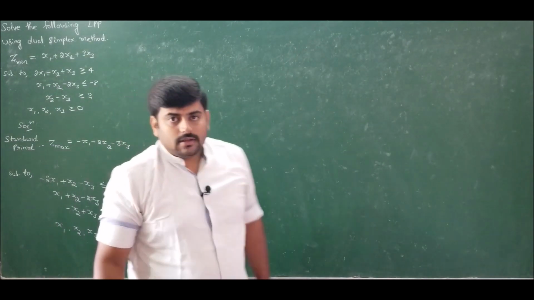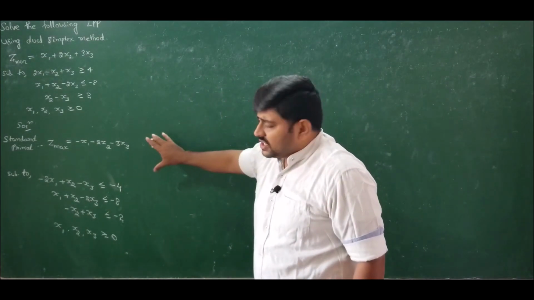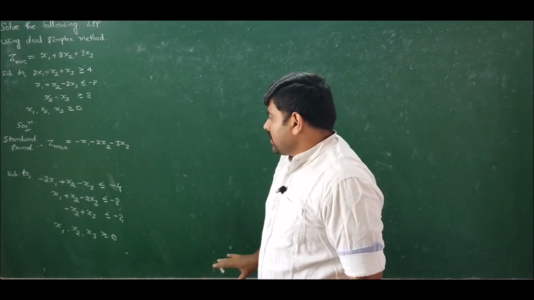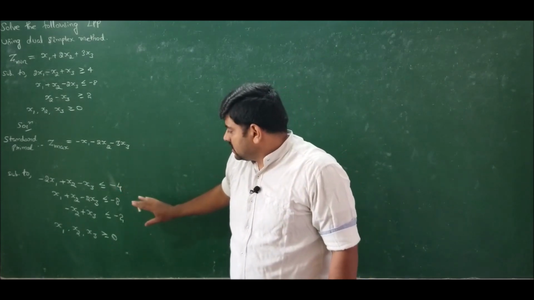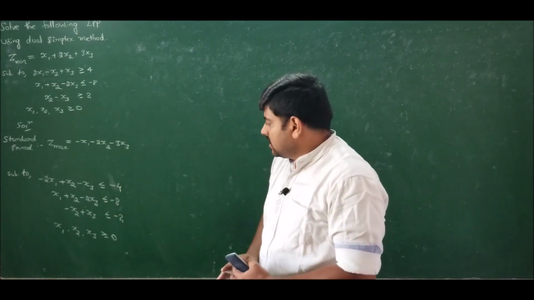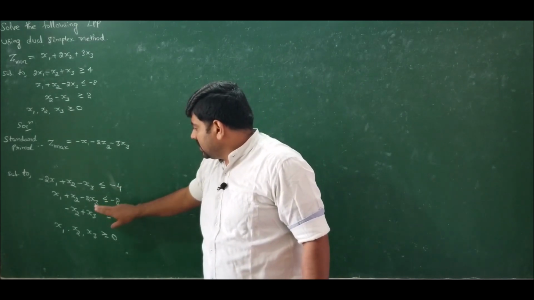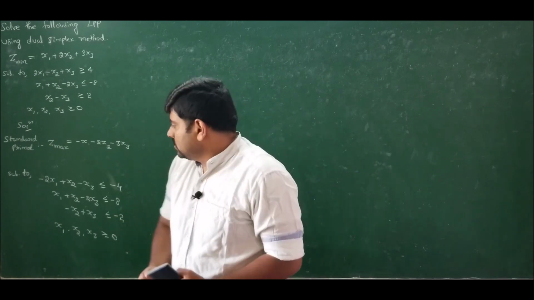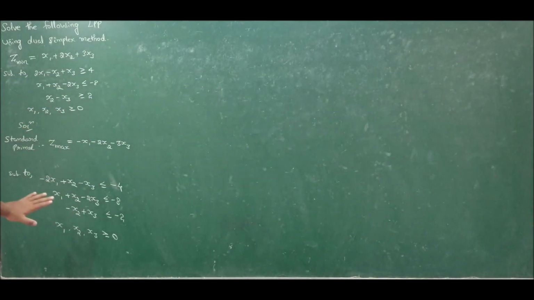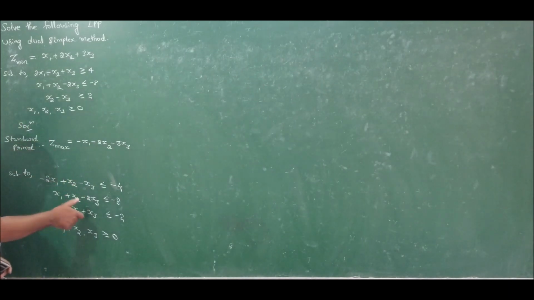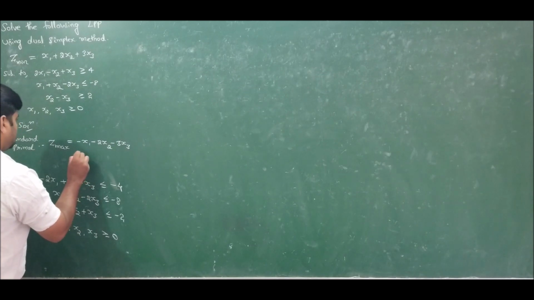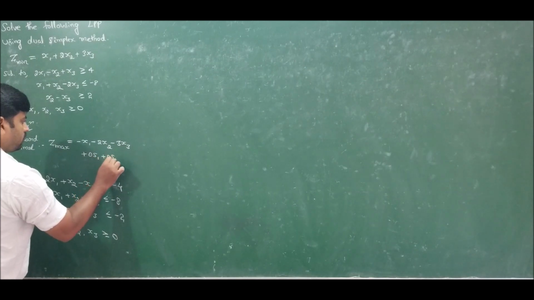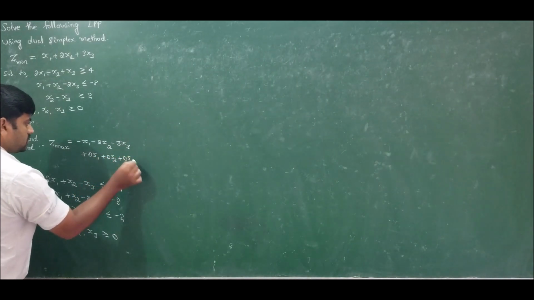Now this is the standard primal. Now we should solve for this standard primal. Now I should convert all the constraints to equation, therefore I should add slack variable, right? I'll add s1 here, I'll make it an equation, s2 and make it an equation, s3 and make it an equation. So if I do that, I'll get the objective function as plus 0s1 plus 0s2 plus 0s3.